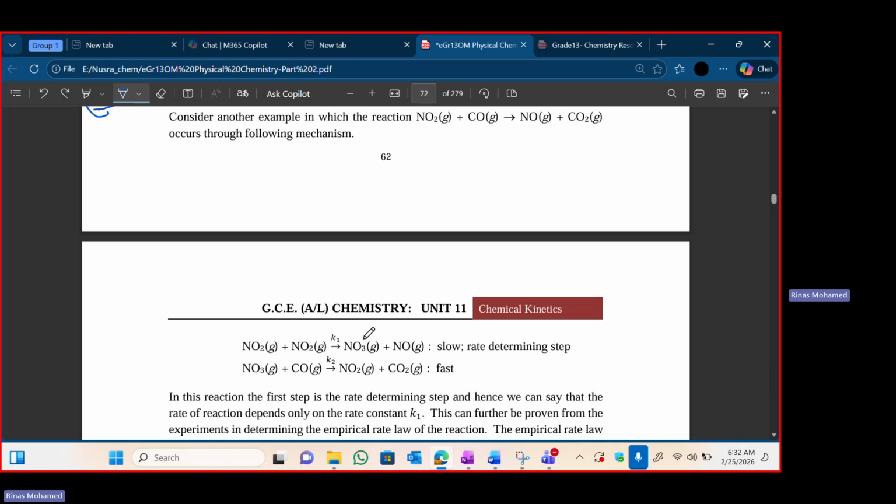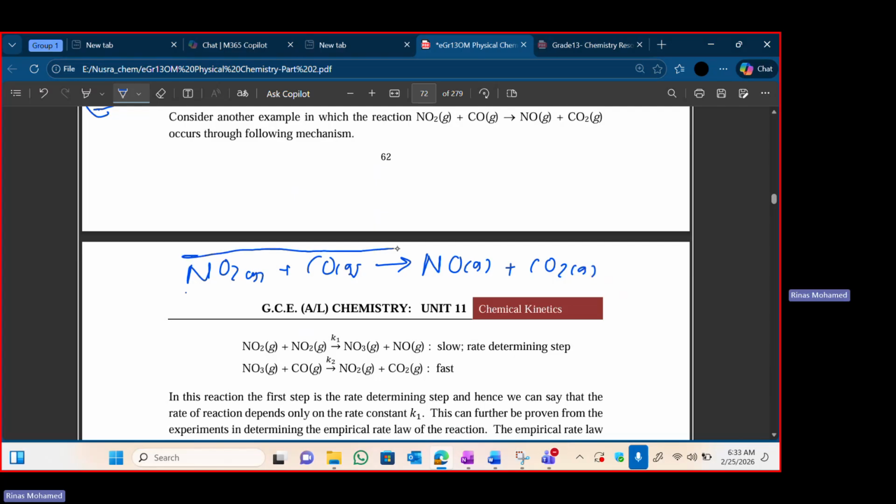Then NO3 is on both sides, so we can cancel that, and NO2 is also on both sides, so we can cancel that. The overall net reaction will come like this: NO2 gas plus CO gas reacts to give NO gas plus CO2 gas. This is the net reaction, right?